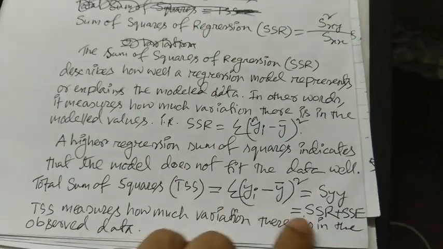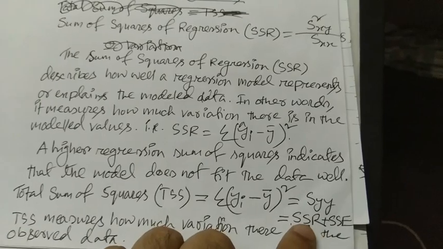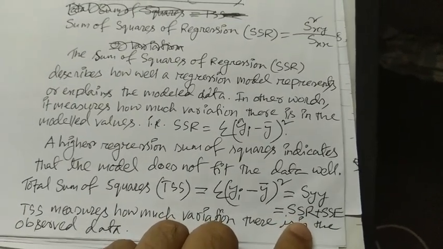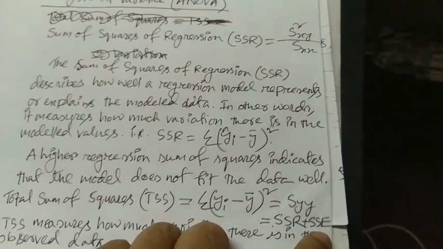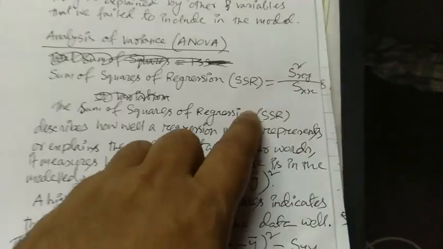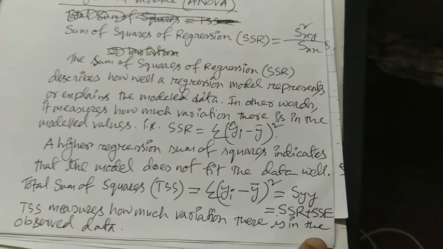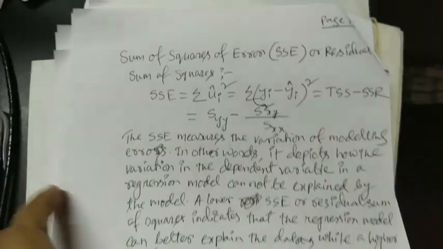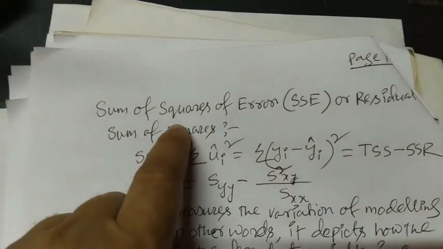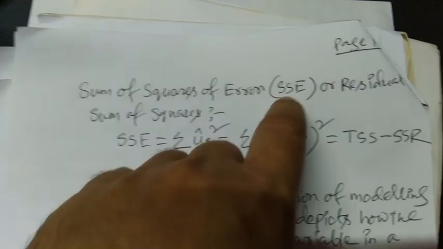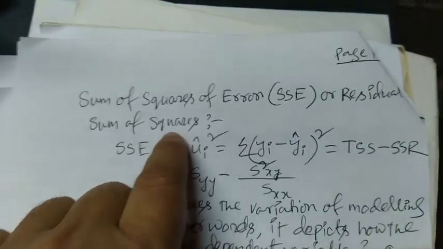And this TSS is SYY, which in another way we can calculate as SSR plus SSE. So SSR we already know, sum of squares of regression, and now we need to understand what SSE is. This is SSE, sum of squares of error or residual sum of squares.